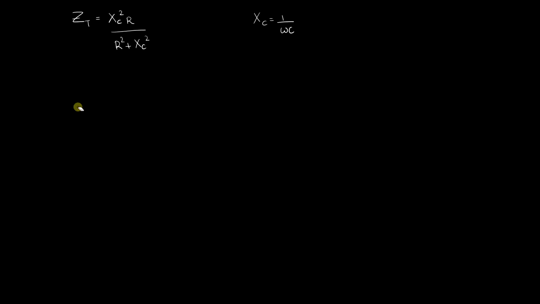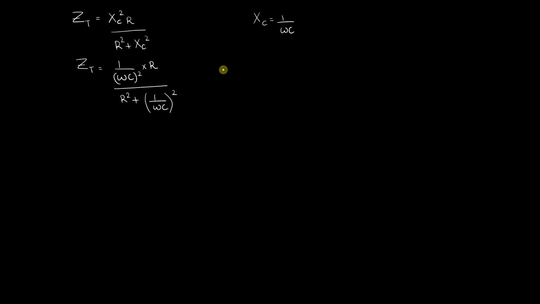Substitute for XC. So ZT is equal to 1 by omega C the whole square into R divided by R square plus 1 by omega C the whole square.